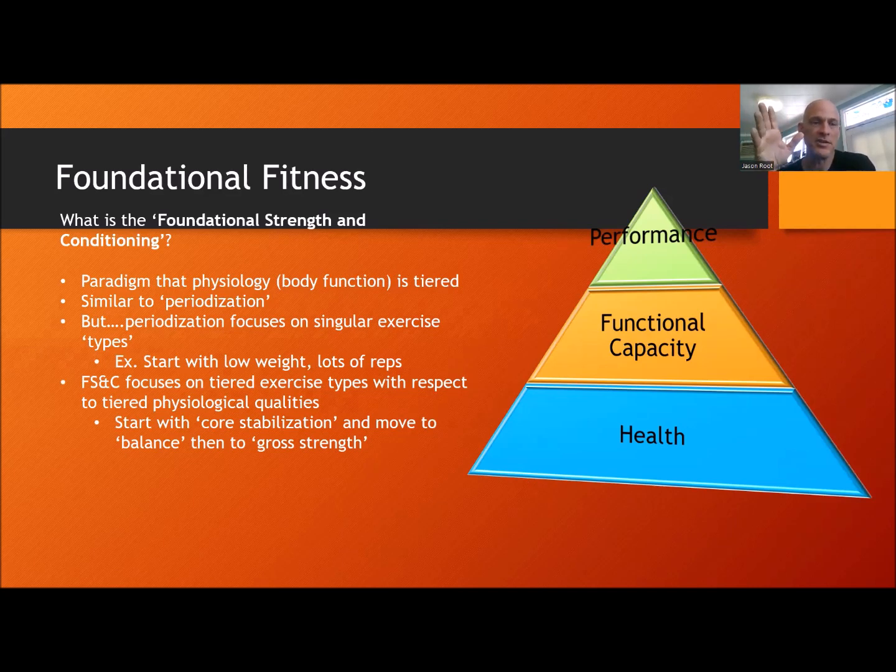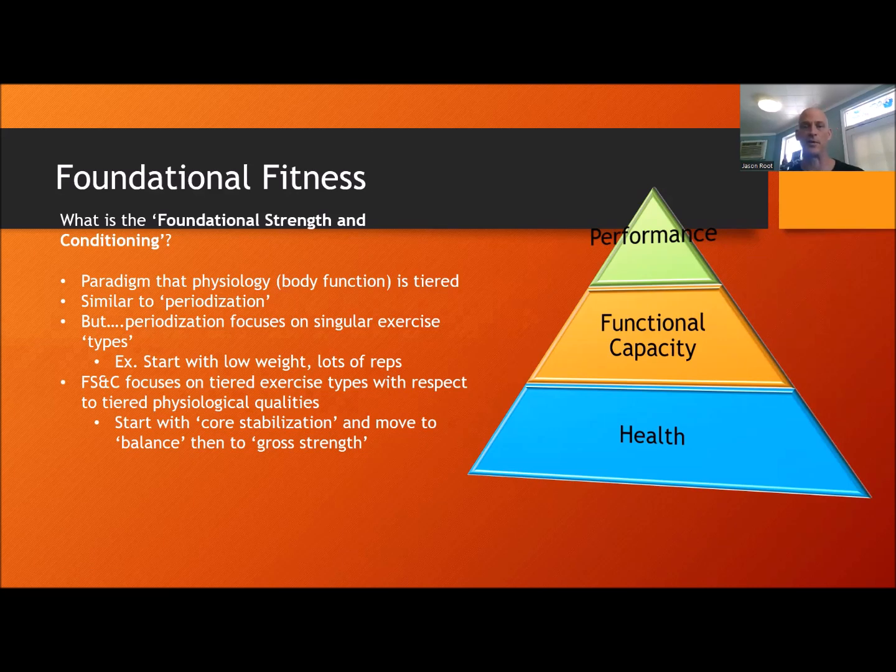With foundational strength and conditioning, it goes further, saying that the exercise types, in order to train those different qualities, are actually tiered. So you would start off with core stabilization and mobility, and then you would move to balance, and then you would move to growth strength.